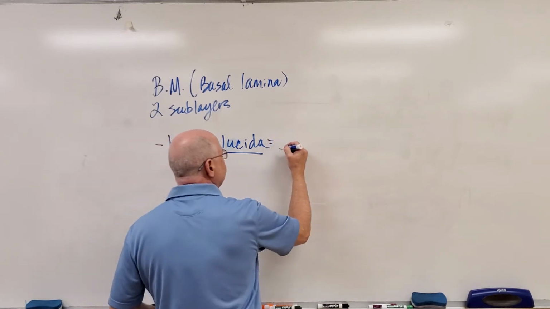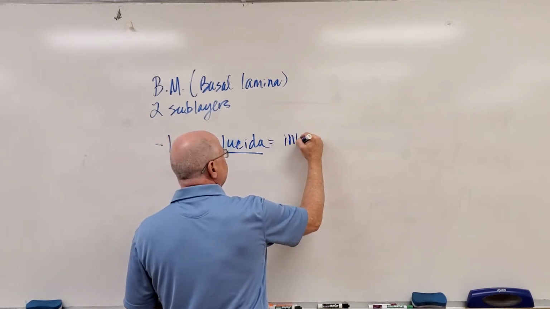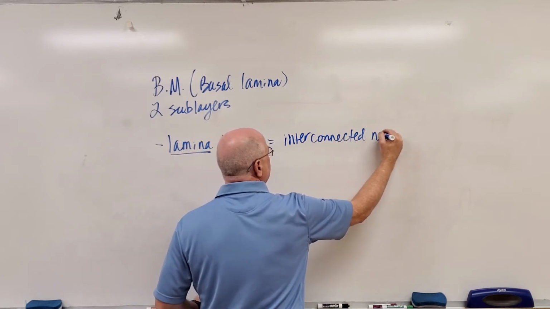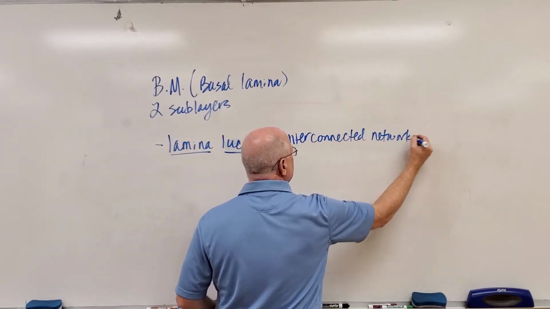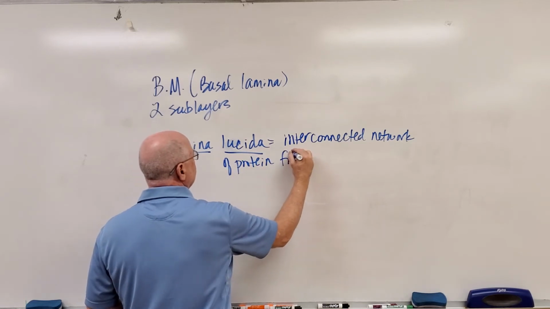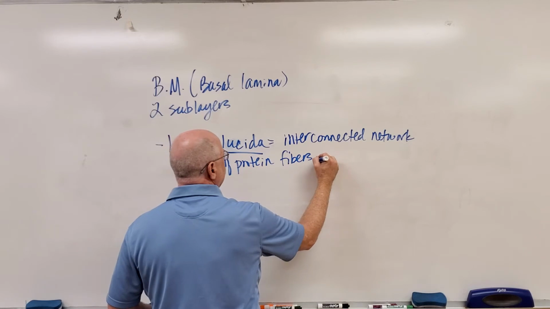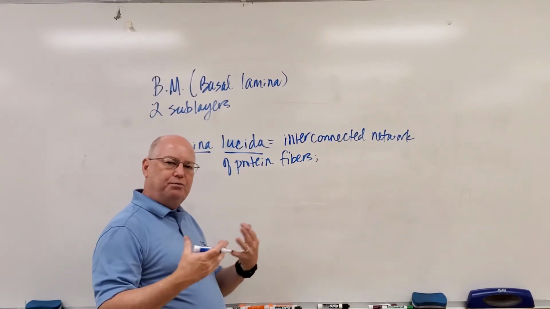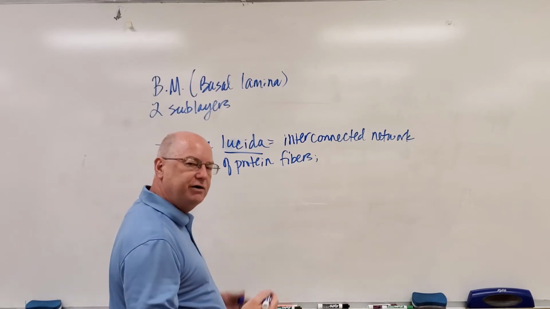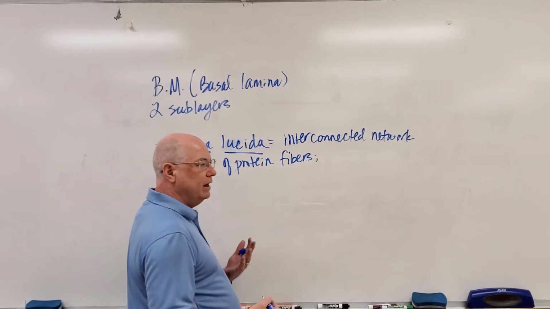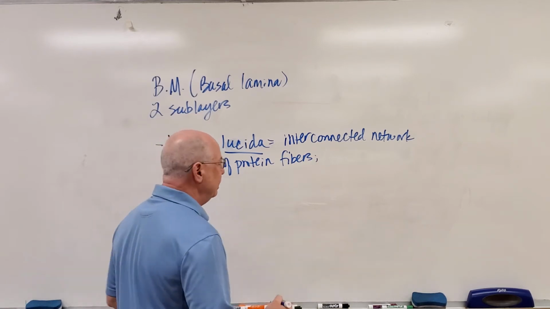The lamina lucida is an interconnected network of protein fibers. Those protein fibers are secreted by the epithelial cells, and they include glycoproteins and proteins and proteoglycans. Essentially, it's a thick protein layer, a layer of protein fibers that are all interconnected.